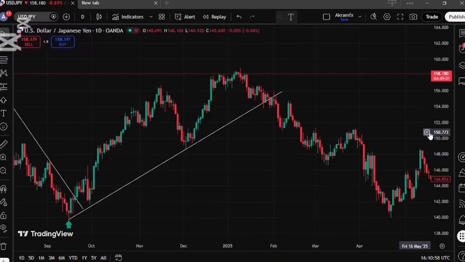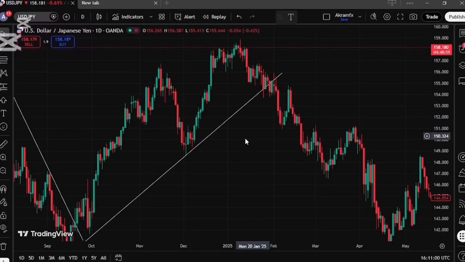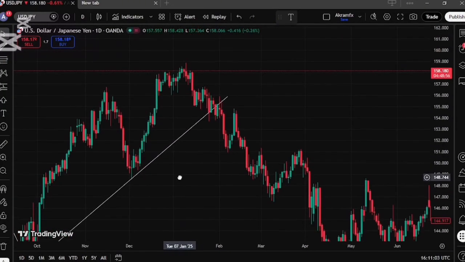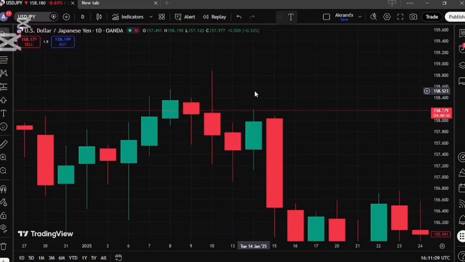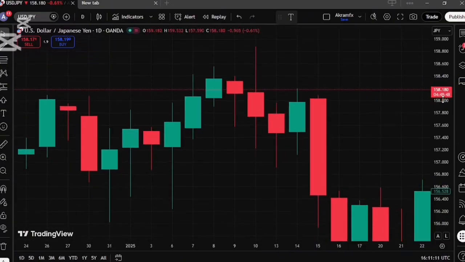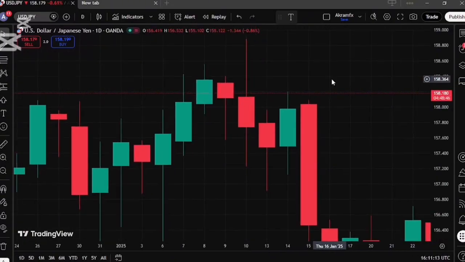Now immediately after that move, in this trend up, we had a hanging man. And here we had a lot of stuff. We see we had a hanging man here. Immediately after the hanging man we had a spinning top.